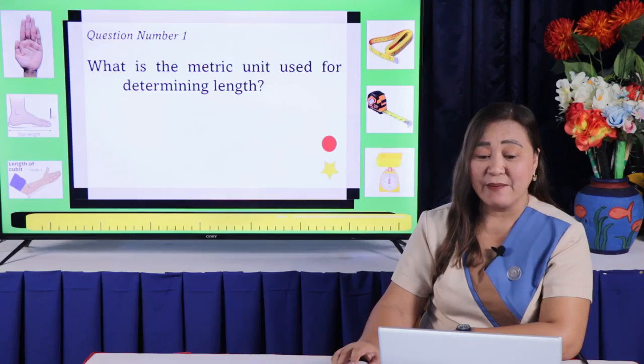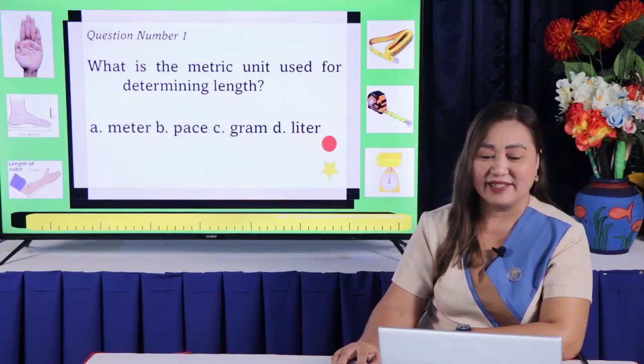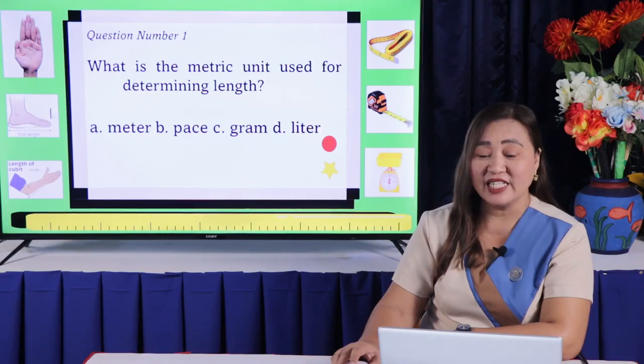What is the metric unit used for determining the length? A. Meter, B. Pace, C. Gram, D. Liter.